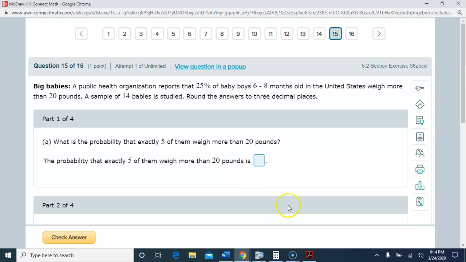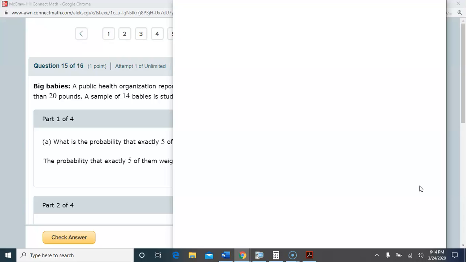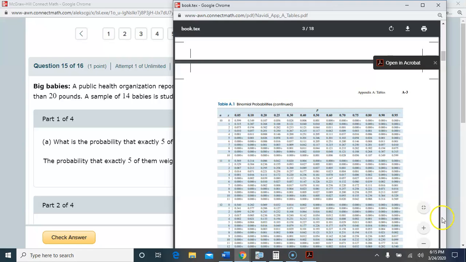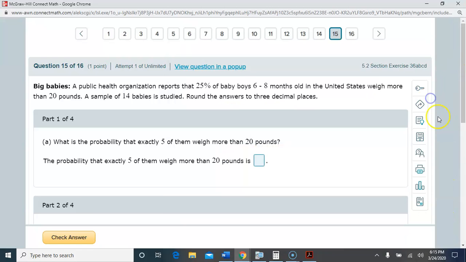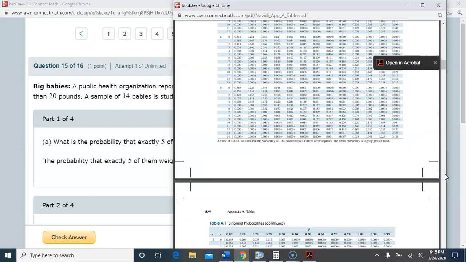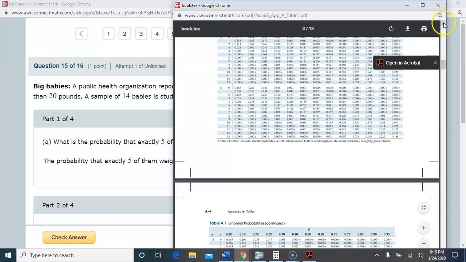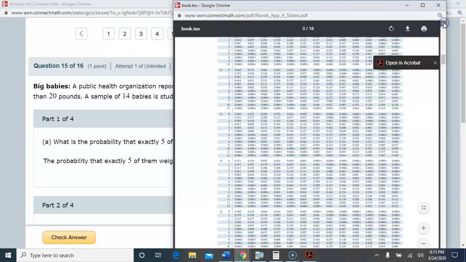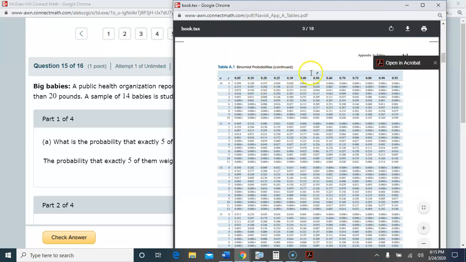So we go to our table. There's a little link right here in the problem that'll bring up the table. We need the part of the table for N equals 14. Then we need the column for a probability of success of 0.25, which looks like it's the fourth column.